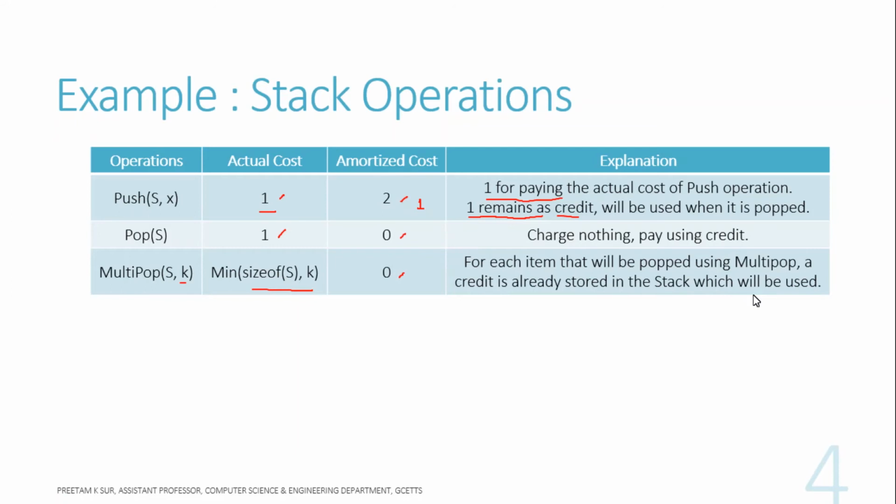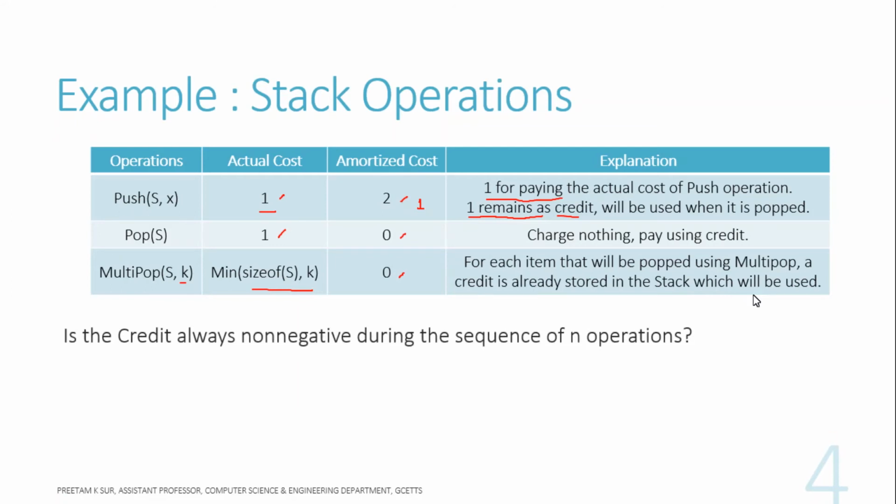If we have already given one credit for every item pushed onto the stack, that one cost can be used by the pop operation and by multi-pop as well, because inside multi-pop the pop operation is used in a loop. This is how we can assign amortized cost to the operations of a data structure using the accounting method.